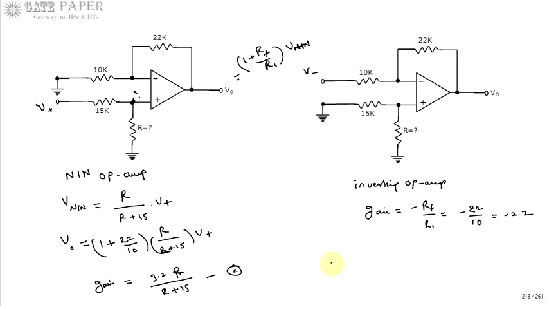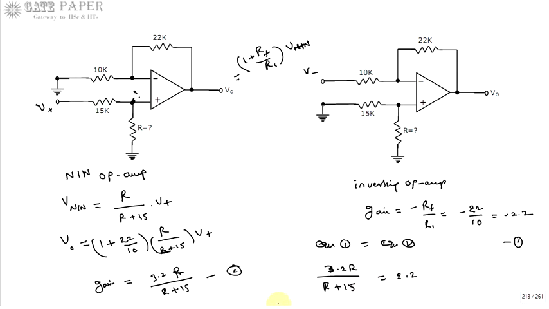This is equation 2, and the earlier one is equation 1. Since both have to be amplified by the same factor, equation 1 must be the same as equation 2. So 3.2 R divided by R plus 15 is equal to 2.2.